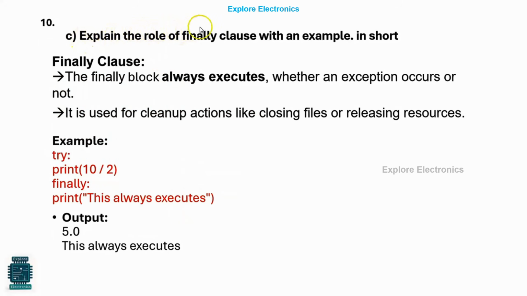Explain the role of finally clause with an example. What is the role of finally clause in exceptions? Let us understand this. The finally block always executes whether an exception occurs or not. Irrespective of that, the finally block always executes. Clear?